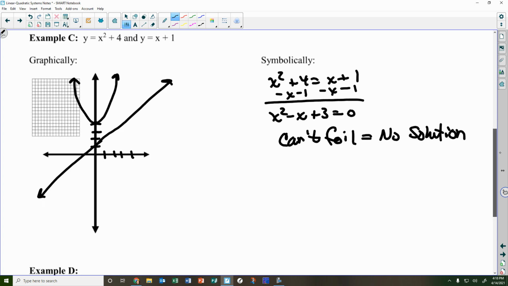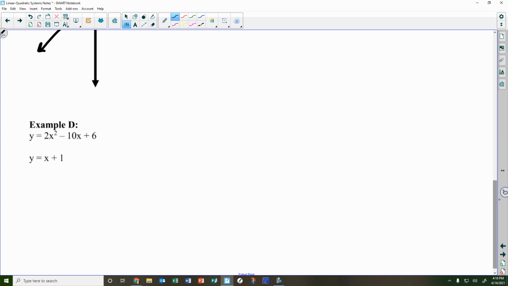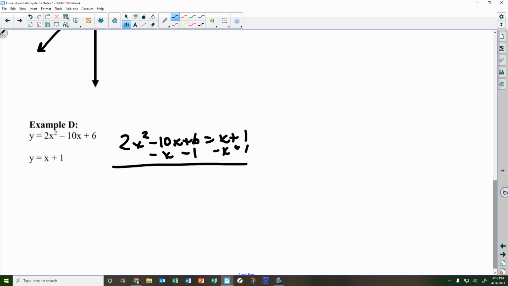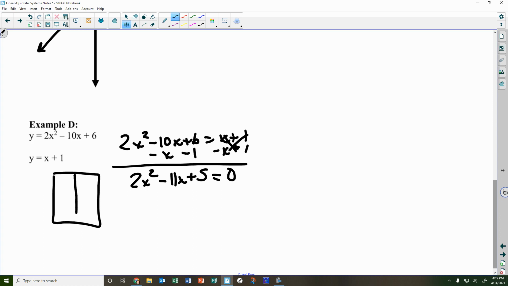So the last example, down here at the bottom, example D, we're going to solve this one symbolically to figure it out. Okay, they're giving us a choice. Symbolic is the easiest. So I'm going to subtract the x and the 1. Okay. And again, if I try to FOIL this, I think we kind of did this one already, if I'm not mistaken.